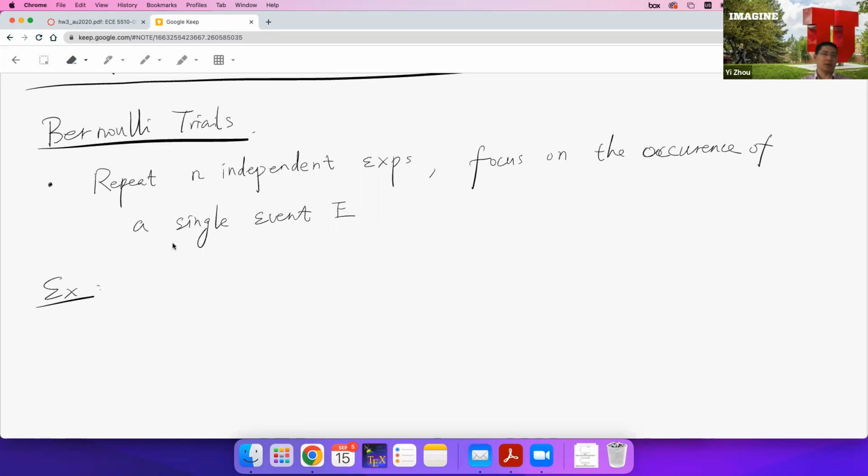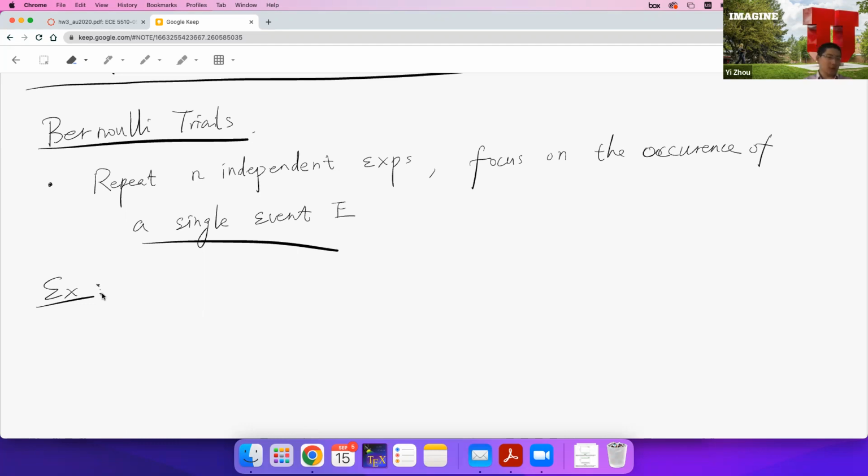We care about a single event, the occurrence of a head in the first 3 trials. Yeah, but that is also another example.